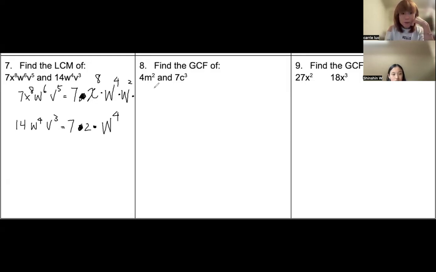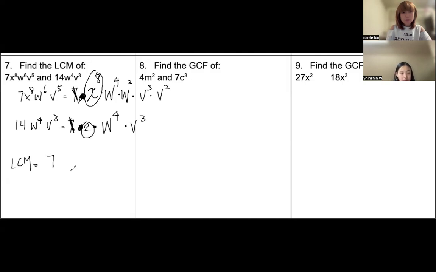Next, V5 and this one has V3. So we have V3 and V2, and this one we have V3. So the common factor for these two is 7, so these two became 1, right? And x8 and 2 are left over, so times 2 times x8. And W4 became 1.